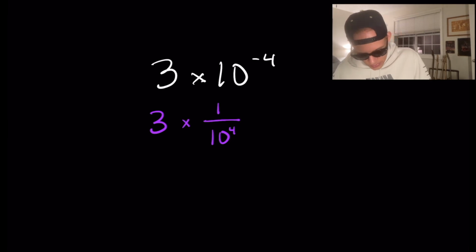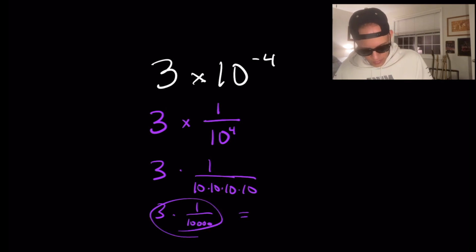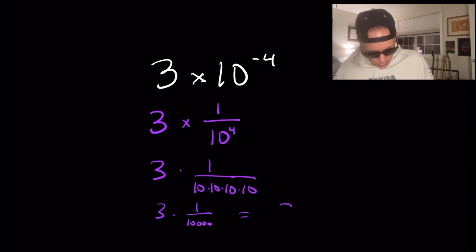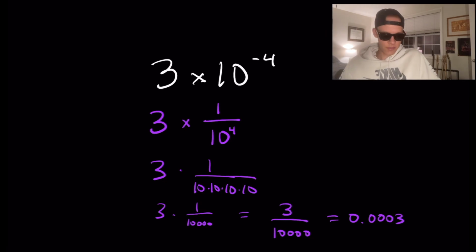So we'll have 3 times 1 over 10 times 10 times 10 times 10, which is 3 times 1 over 10,000. If we multiply these two numbers, I will get 3 over 10,000, or a very, very small number, which checks out with what we got here, 0.0003.